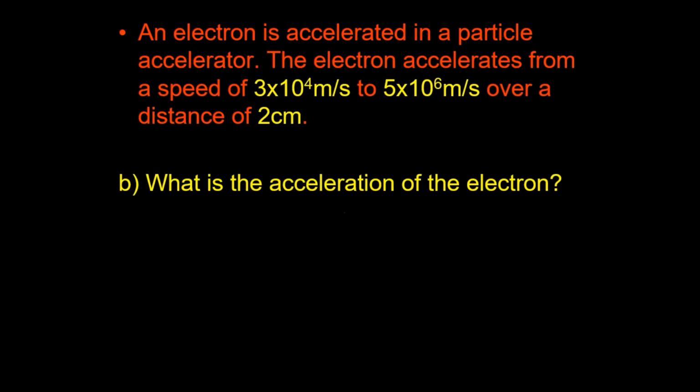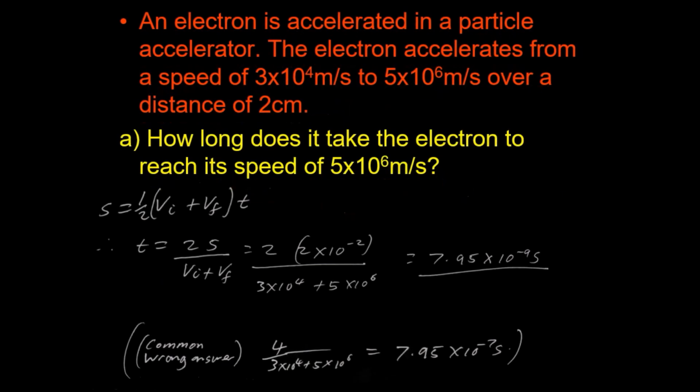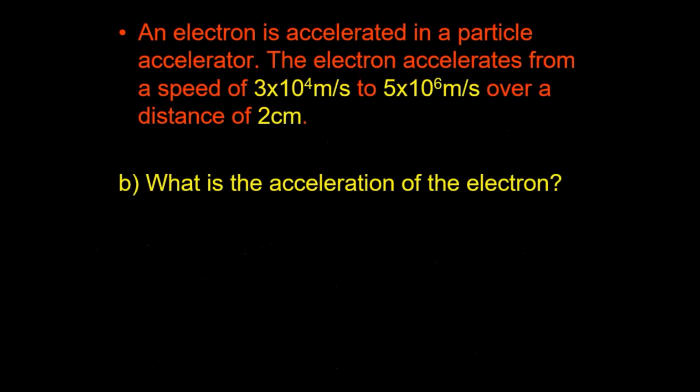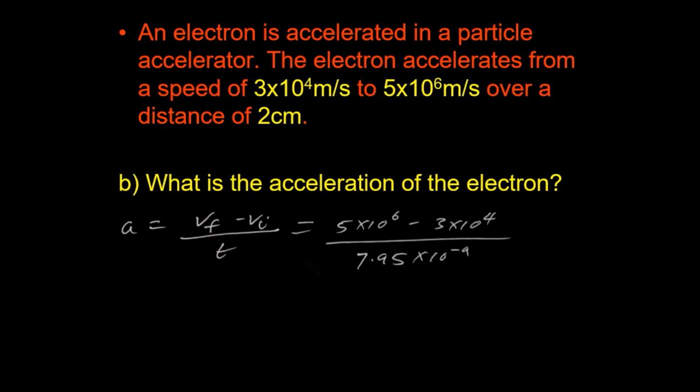What I'm saying here is we have 3 times 10 to the 4 and 5 times 10 to the 6 meters per second, and now we're armed with a time of 7.95 times 10 to the minus 9 seconds from part A. That means rather than going back and employing an equation of motion and making your life complicated, you could simply use the definition of acceleration, because A is delta V over delta T. That means we have VF and VI of 5 times 10 to the 6 and 3 times 10 to the 4, and we have our time of 7.95 times 10 to the minus 9 seconds.